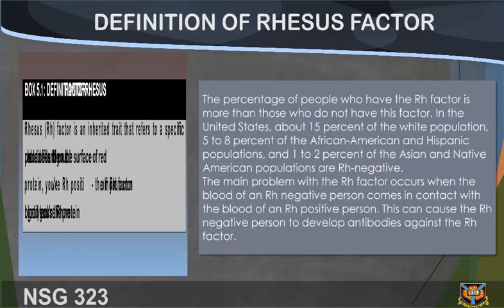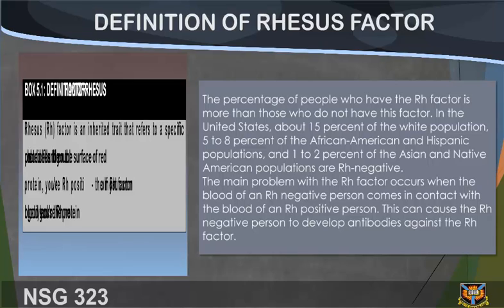The percentage of people who have the Rh factor is more than those who do not. In the United States, about 15% of the white population, 5 to 8% of the African American and Hispanic populations, and 1 to 2% of the Asian and Native American populations are Rh negative.